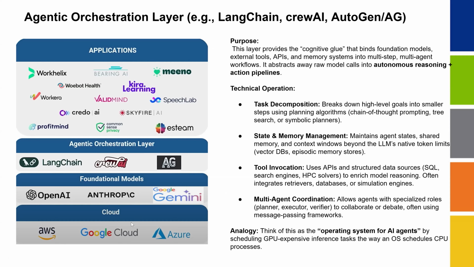On top of cloud, we have foundation models like OpenAI, Anthropic, and Google Gemini. We used to have Meta's open source language model, but these days Hugging Face and others have good open source large language models. Foundation models are the next stack.